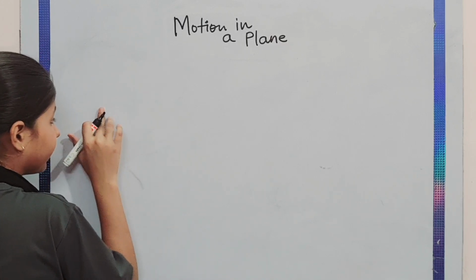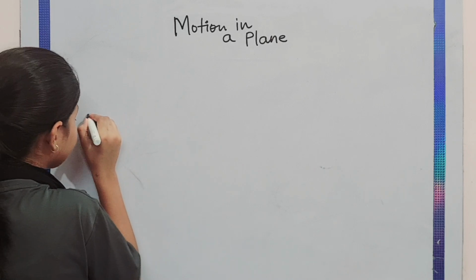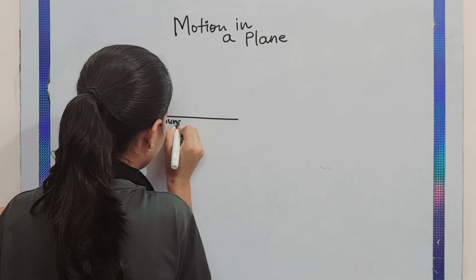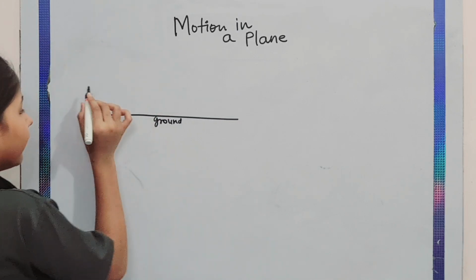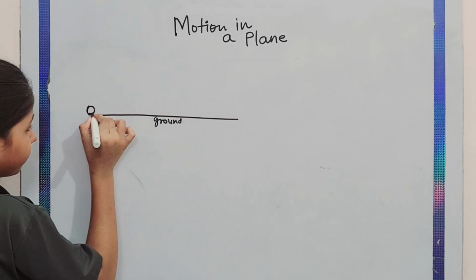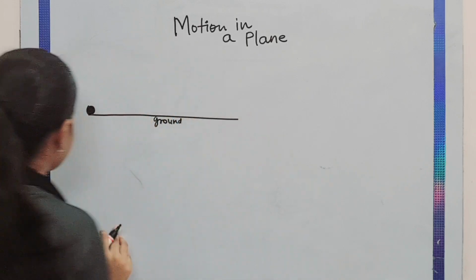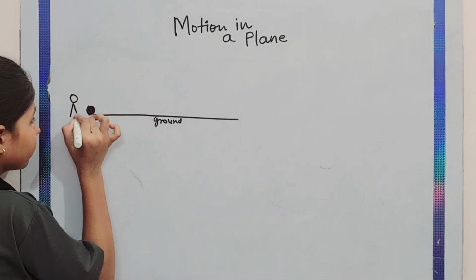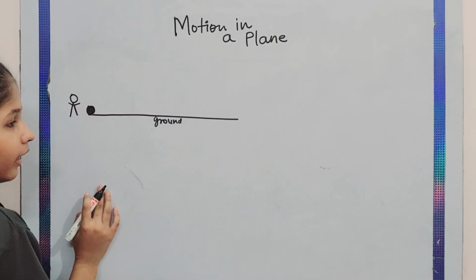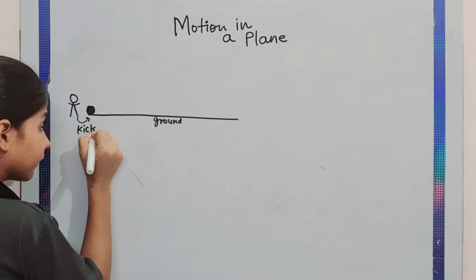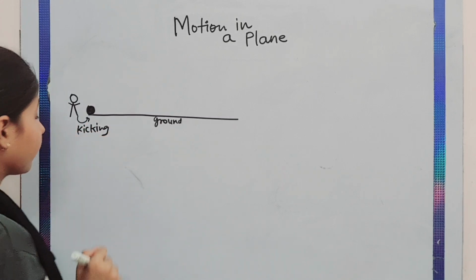This is a point. Let's assume that this line shows the ground, and this is a football here, and a person is here. As I have told you, he is kicking this football.